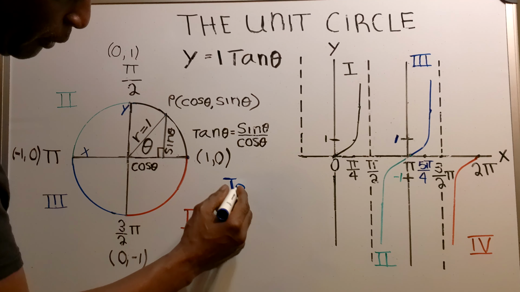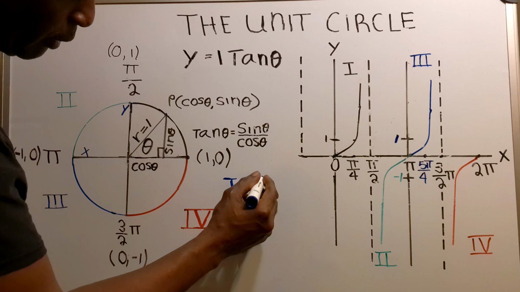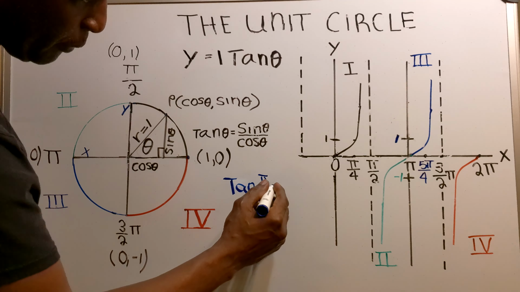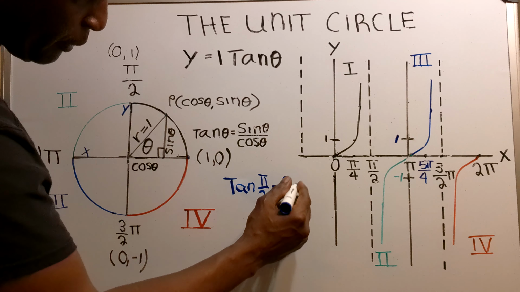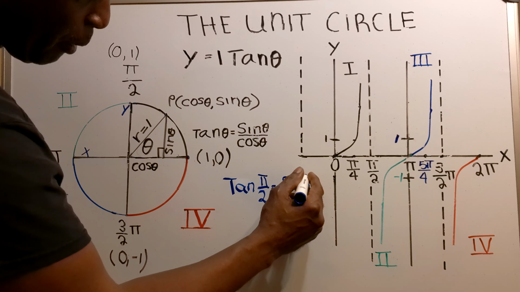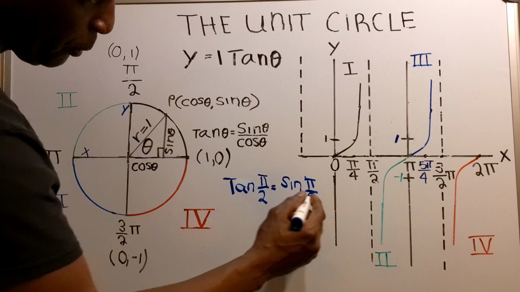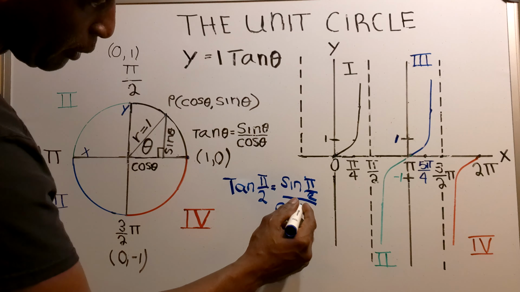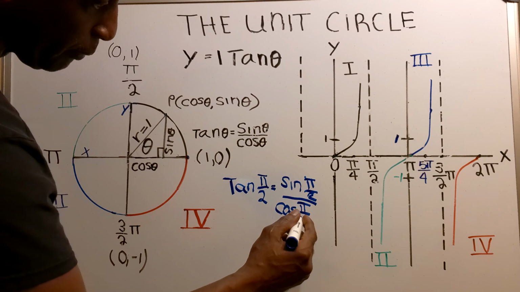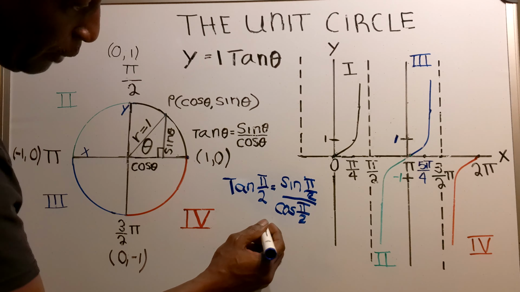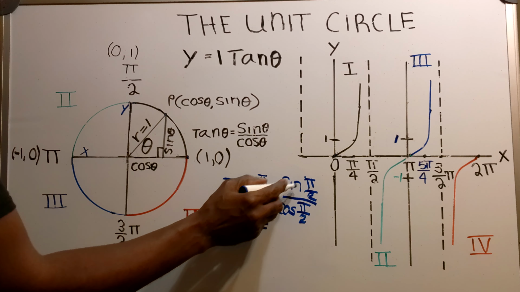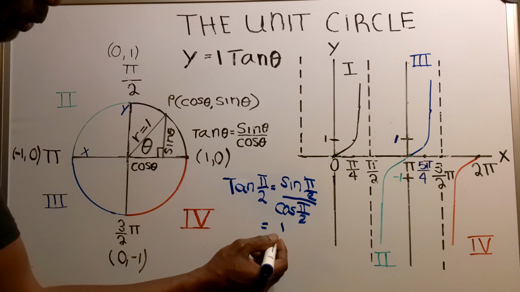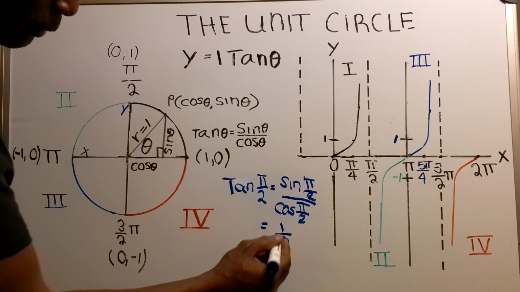You've got tangent pi over 2 equals sine pi over 2 divided by cosine pi over 2. Now what that gives you is sine of pi over 2 equals 1. And the cosine of pi over 2 equals 0.